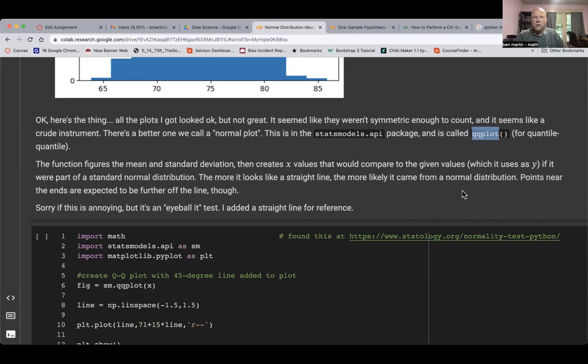And so the thing that you do with that is that you take your data and you feed it to the QQ plot, and it plots out the data with, I forget whether it's the X or the Y axis. I think it's the X axis being theoretical standard normal distribution. And then the model that you've got, the actual data you've got, will be the Y axis stuff.